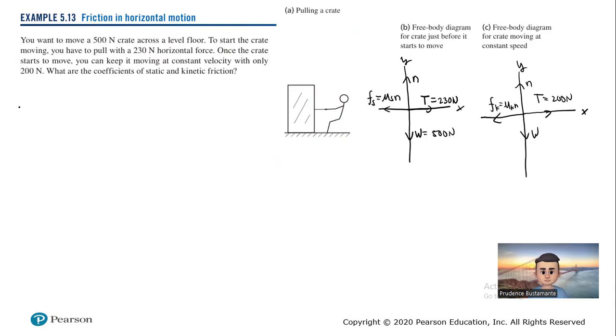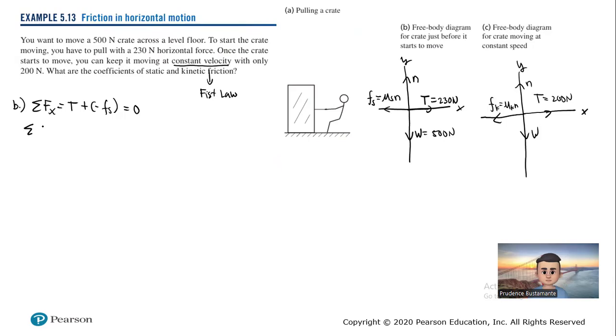For part B, the summation of all the forces along x is equal to the tension plus the negative f sub s. Since we're now in constant velocity, by the first law, this is equal to 0.